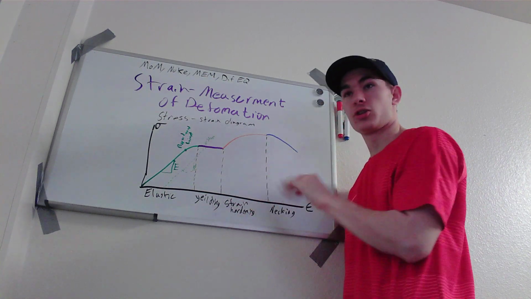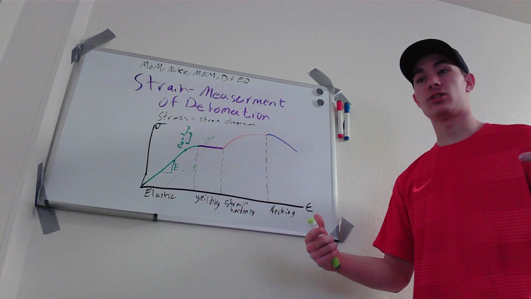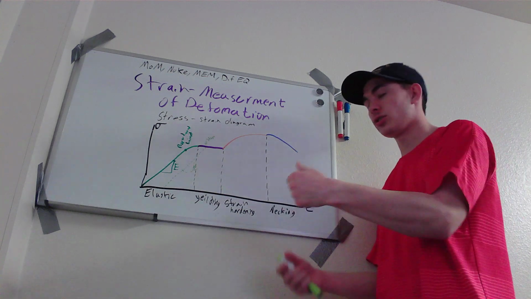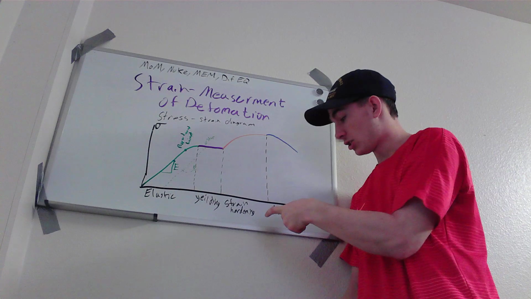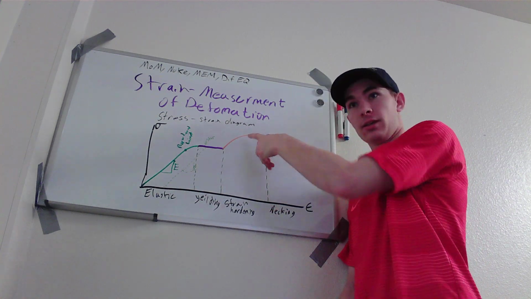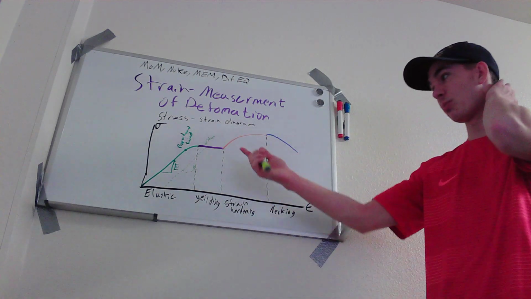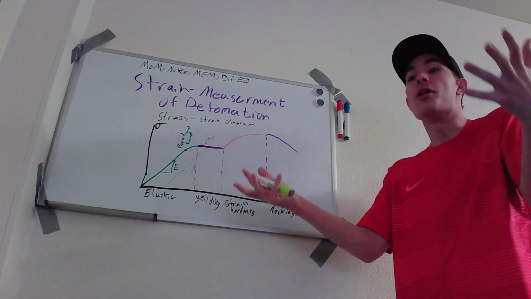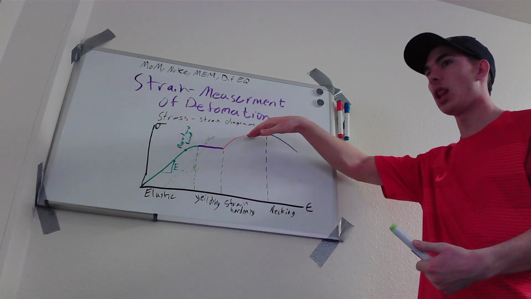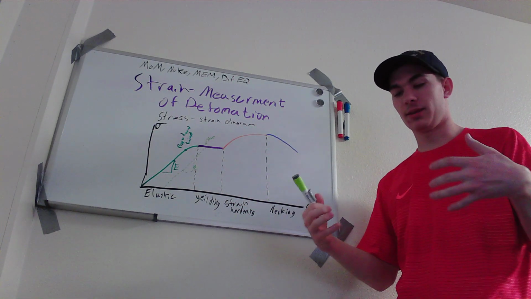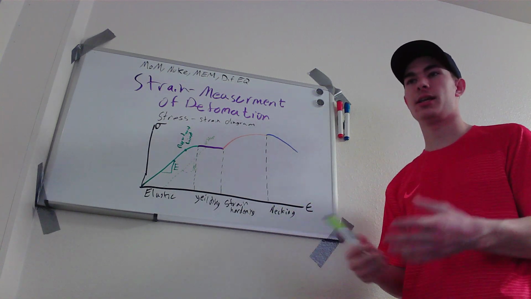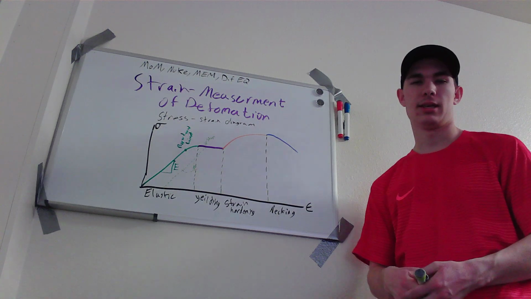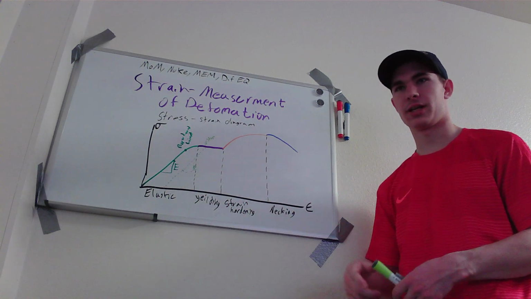Once you get to the strain hardening region, the strain's going to increase again. So you're putting more strain on it, and it's going to look like your material is perfectly fine. It's going to take a ton more strain, and you're going to see a little more deformation on it, but it's not anything crazy, just regular increases.